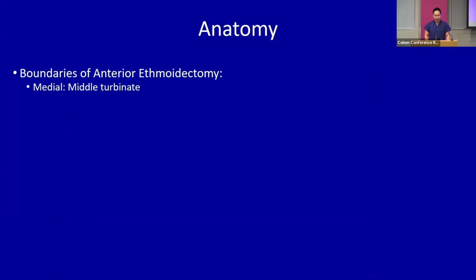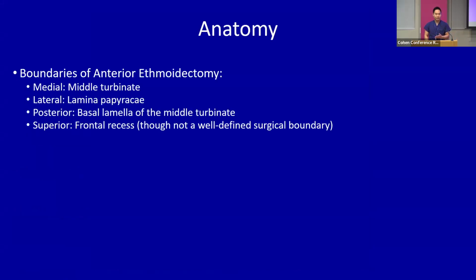Regarding the anterior ethmoidectomy, if you remove all the little bony partitions, you're left with the middle turbinate on its medial aspect, and laterally is the orbit, which is the lamina papyracea. Posteriorly it will be the basal lamella, which is part of the oblique portion of the turbinate that separates the anterior ethmoid.